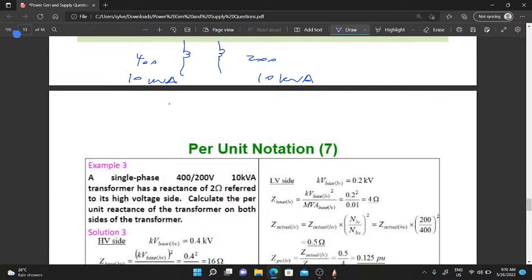It has a reactance of 2 ohms referred to its high voltage side. The high voltage side is the primary winding, so the reactance referred here is 2 ohms.